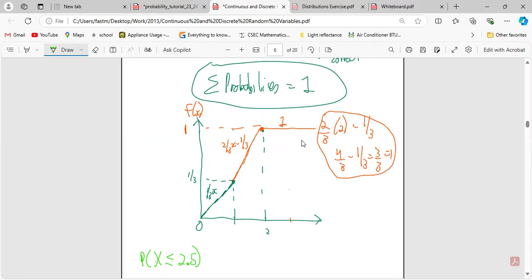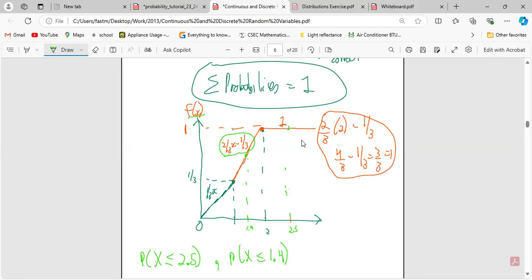At 2.5 the value is 1, so the answer is 1. If I wanted the probability x is less than or equal to 1.4, first I have to find where 1.4 is, right here, and go up to here, but I don't know what that is, so I can just use the equation. If I plug 1.4 into this, it will give me my answer, which is capital F of x.